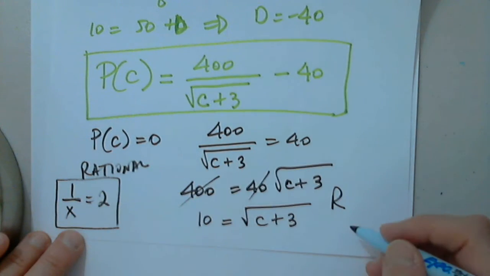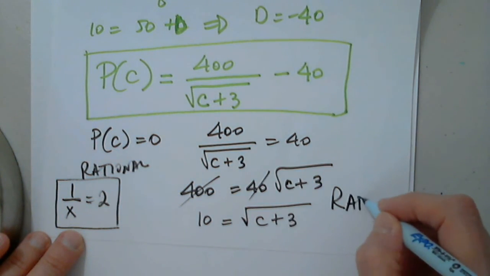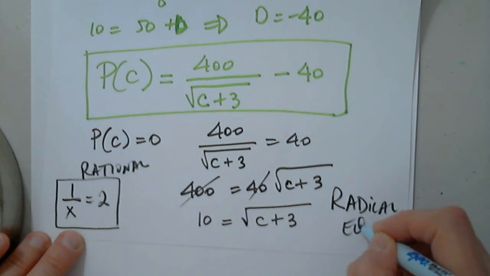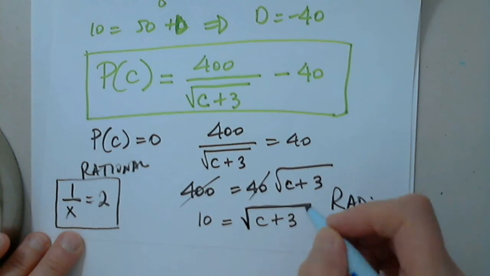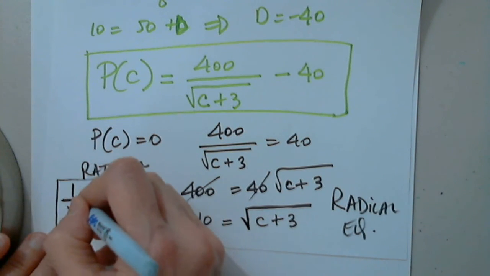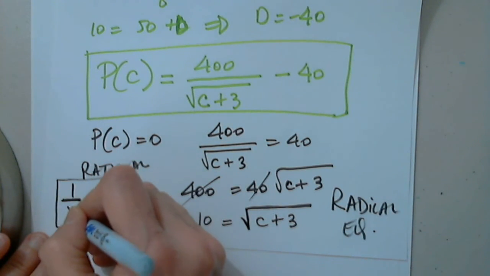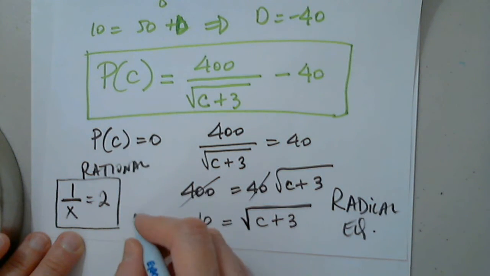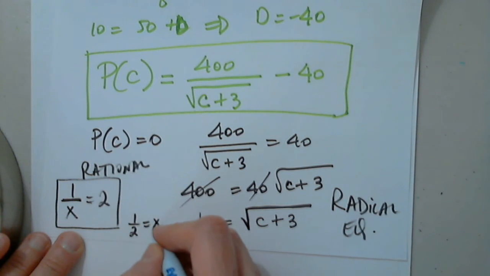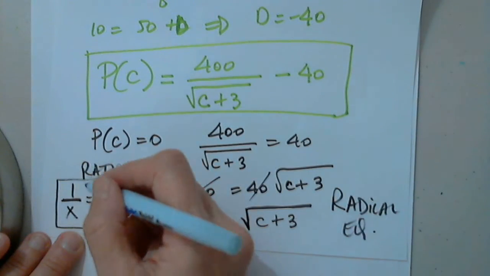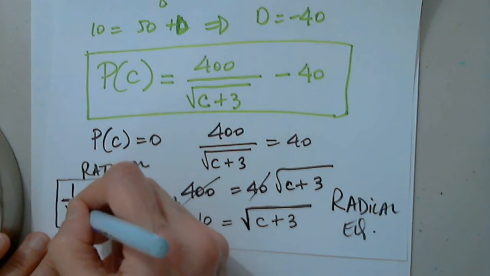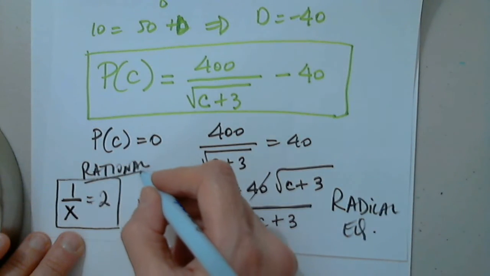Radical. Yes, this one. This is a radical equation because I said the square root. This is a rational equation because I said 1 over x. If I say 1/2 equals x, then this is linear. But if I say whatever over x, then it's rational.